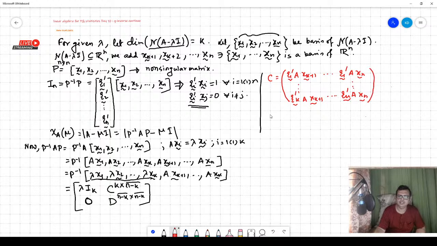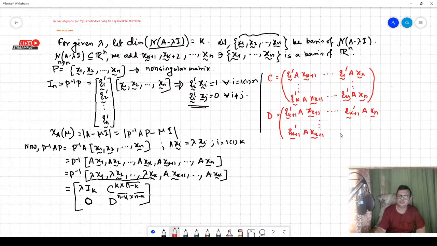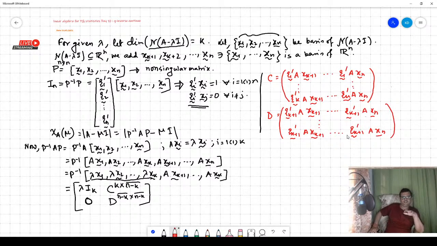This is C, and D is xi k+1 prime A xk+1 curl, ..., xi k+1 prime A xn curl, down to xi n prime A xk+1 curl, ..., xi n prime A xn curl. So I write these two matrices as follows.